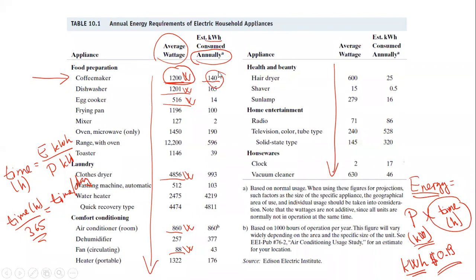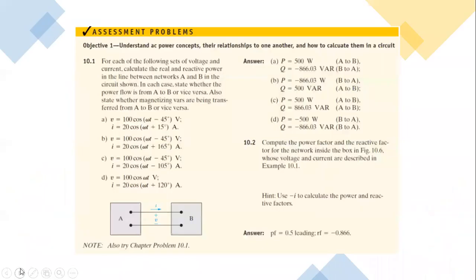It will give you how many kilowatt hours you will pay annually. So this is a very nice table. Please give it some time, try to understand it. And if you have any questions, I will be more than happy to discuss them.